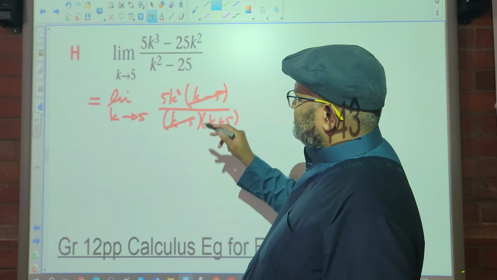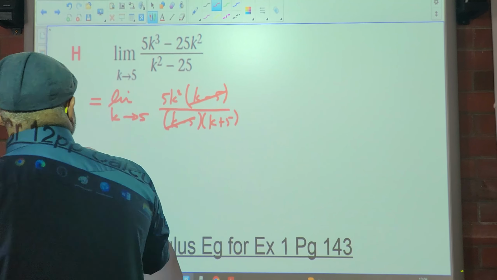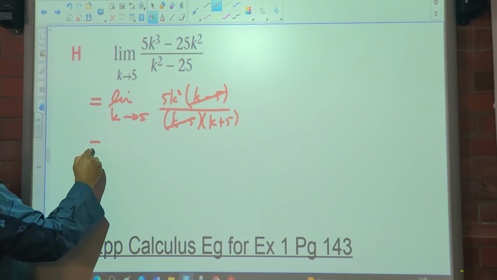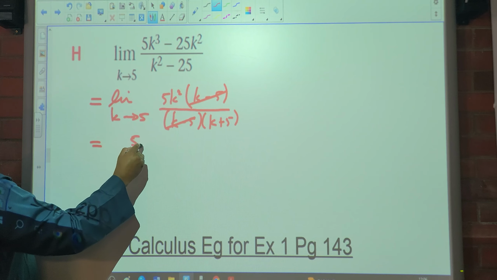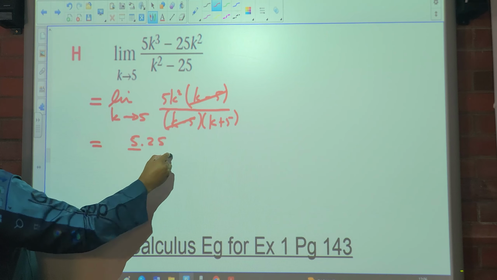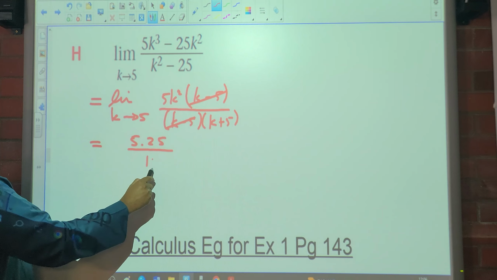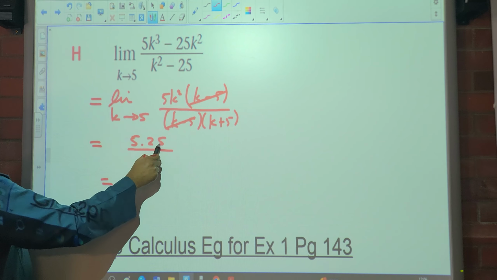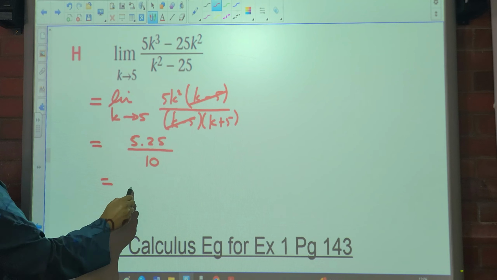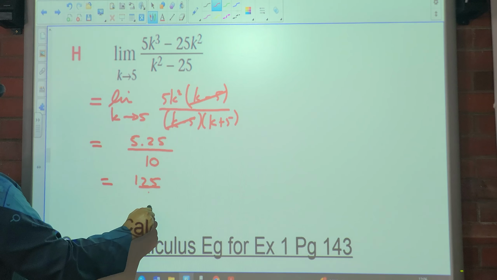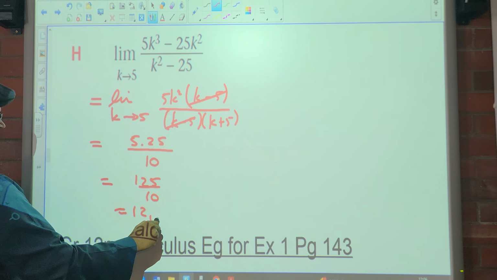That cancels. Can I substitute 5 in now? Yes. So it's 5 times 25 over 5 plus 5, which is 10. 5 times 25 is 125, over 10, which is 12.5.